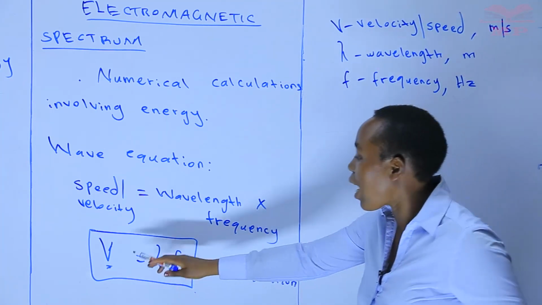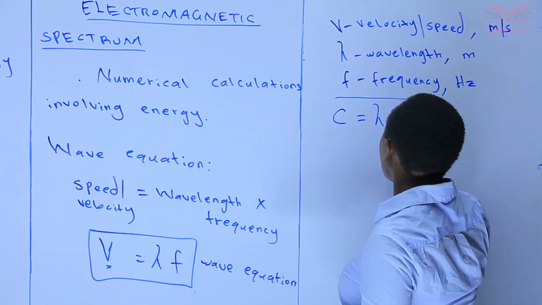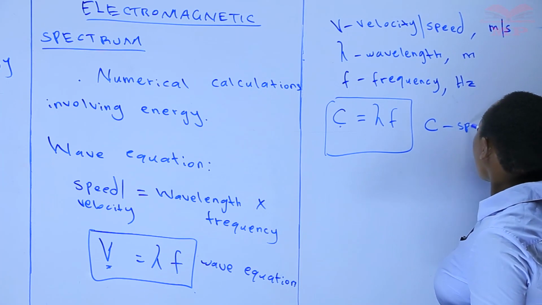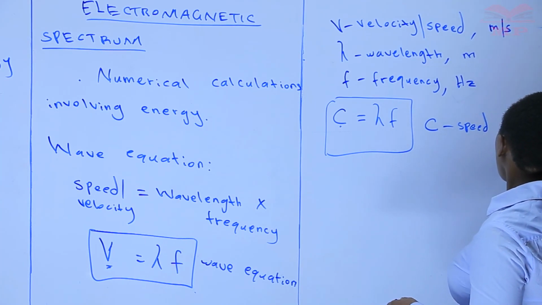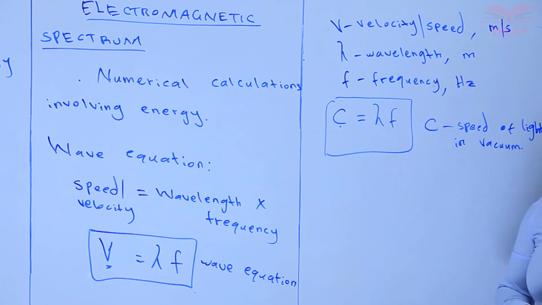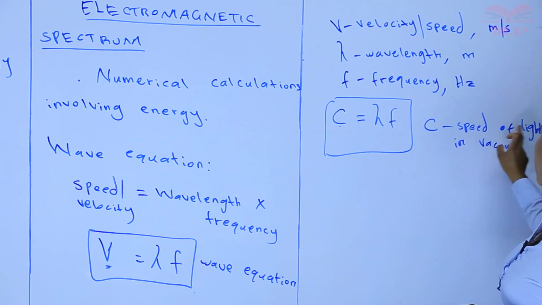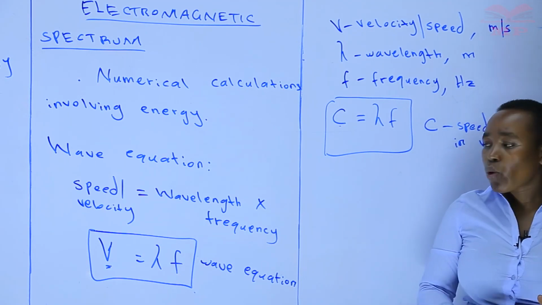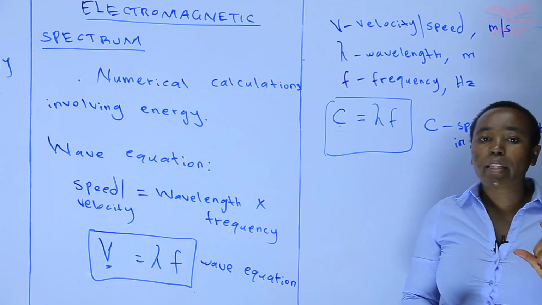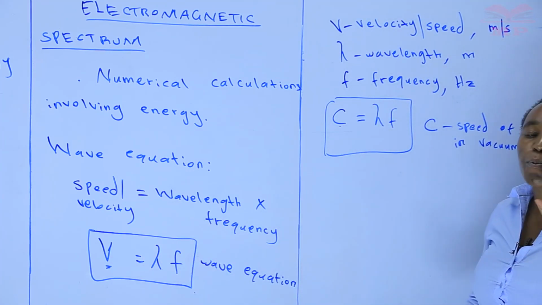So C is equal to wavelength multiplied by frequency. It is the same wave equation, but we use C to represent the speed of light in vacuum.